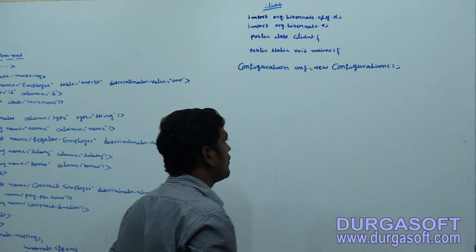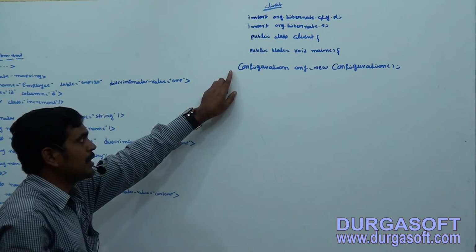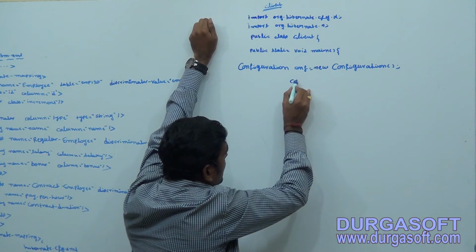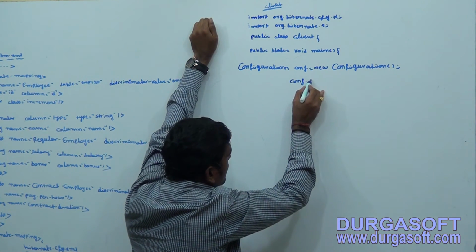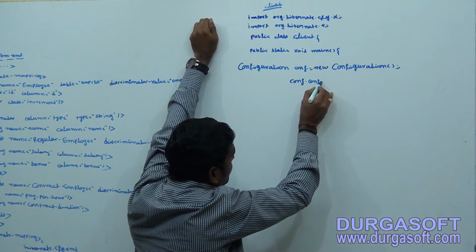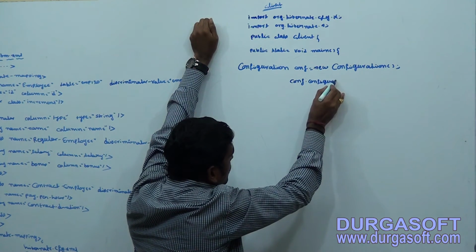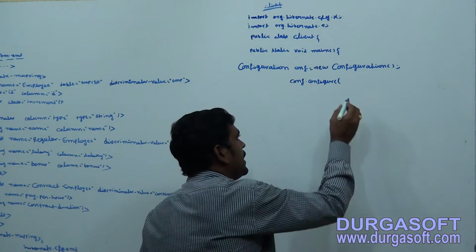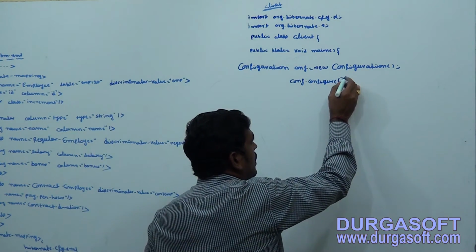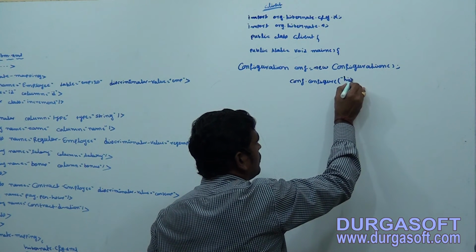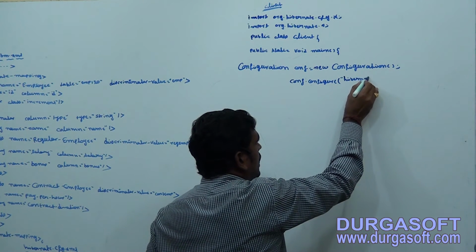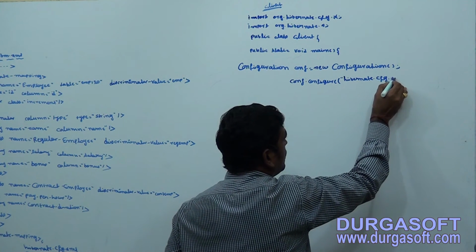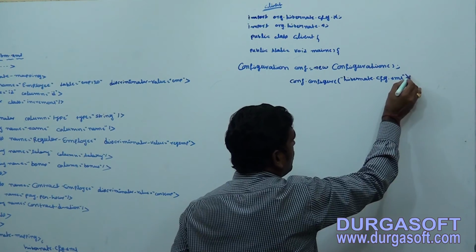After that, by using this class we can load the configuration file. The Configuration class gives one predefined method, that is configure. Using that method we can load the Hibernate configuration file, hibernate.cfg.xml.